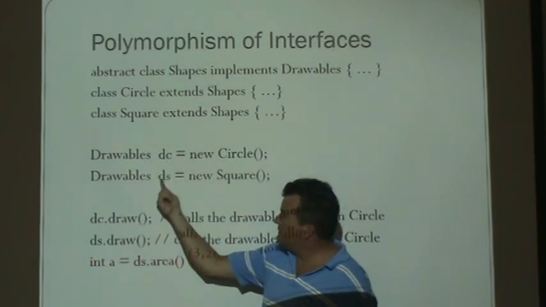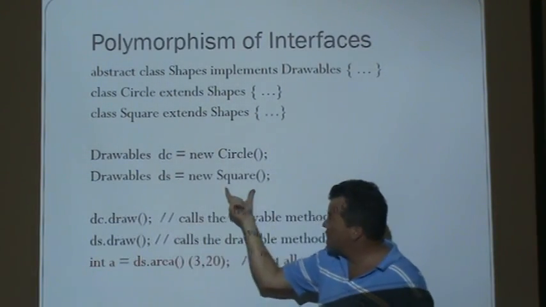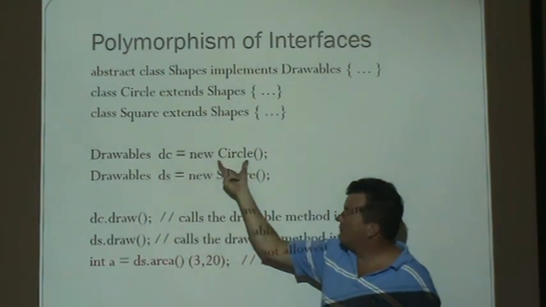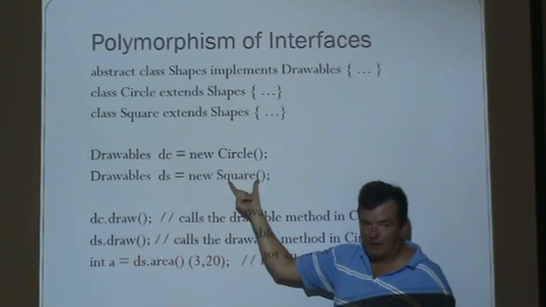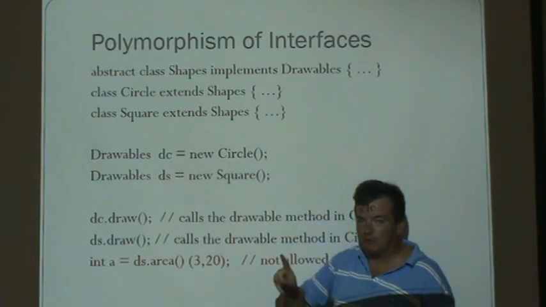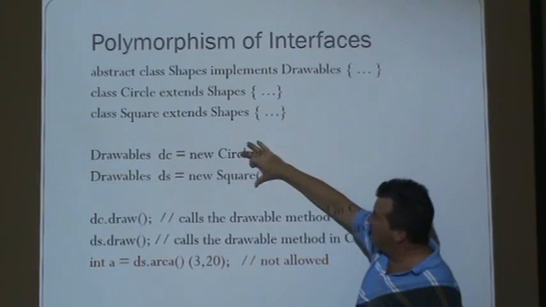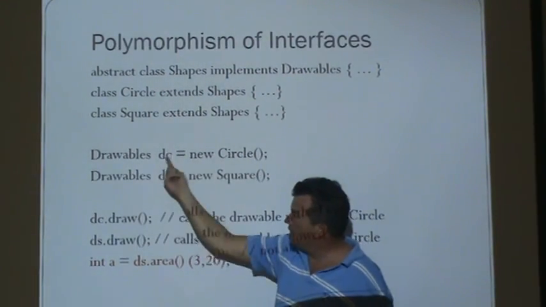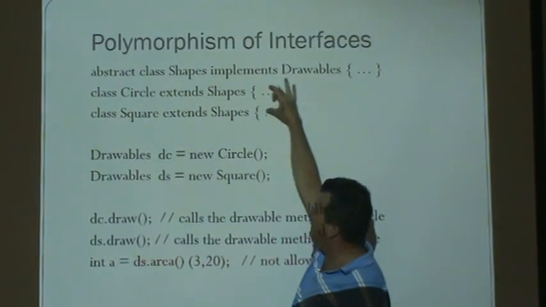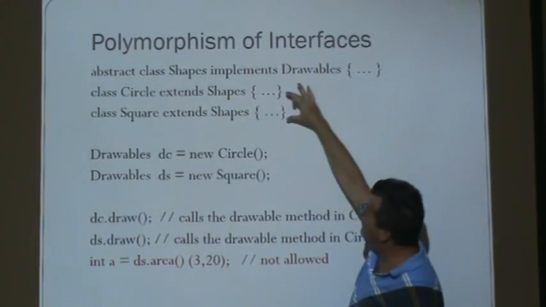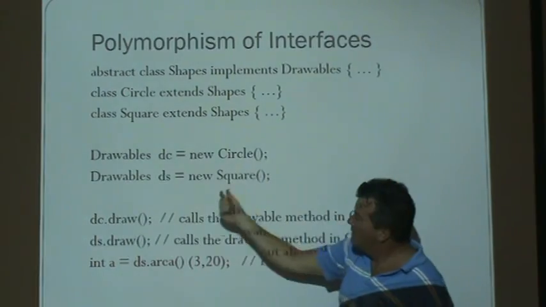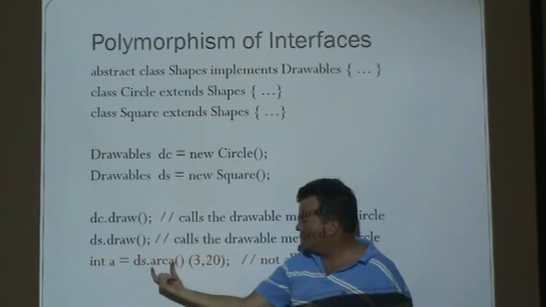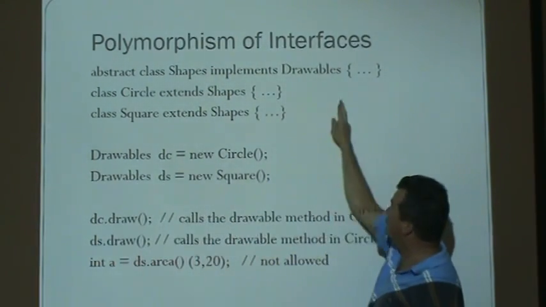Because these are references, one is a reference to a circle, one is a reference to a square. The only thing you know for sure is every method in drawable must appear here. So when you use these references, you could call any method that appears up here, because these would be required to have them. But area is not in drawable.